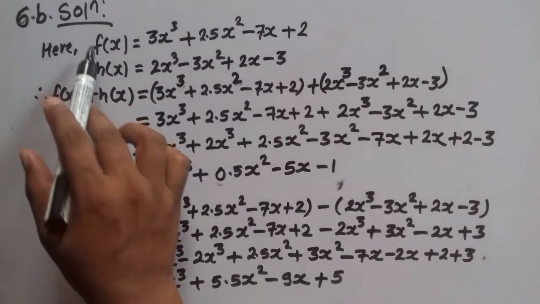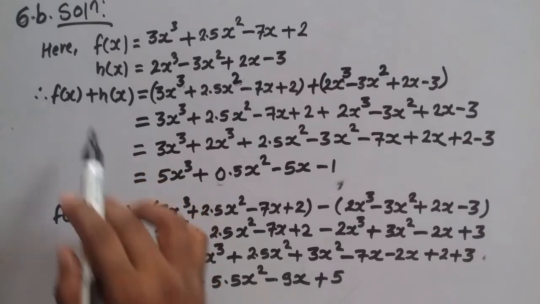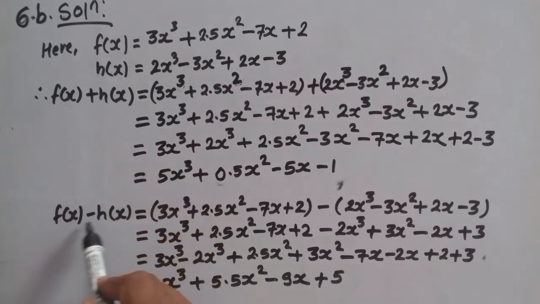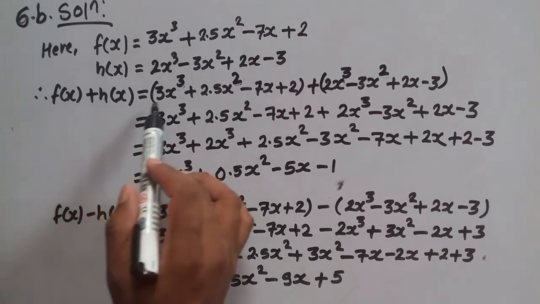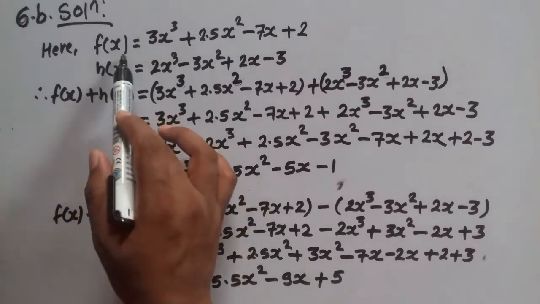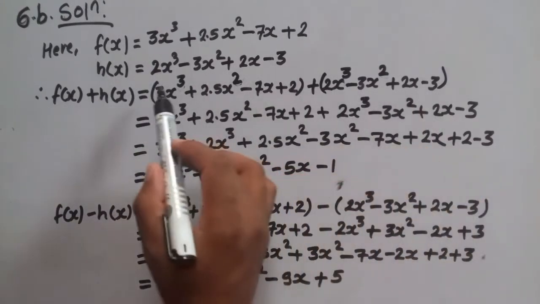In question number 6b, these two polynomials are given and we have to find this f(x) plus h(x) and f(x) minus h(x). For this f(x) plus h(x) we have written this f(x) polynomial first, then h(x) polynomial.